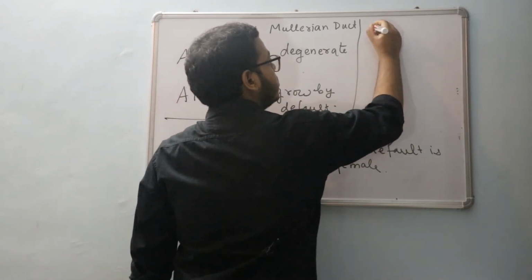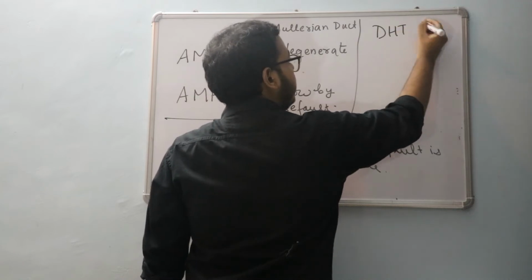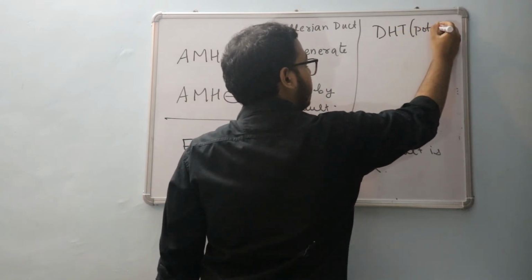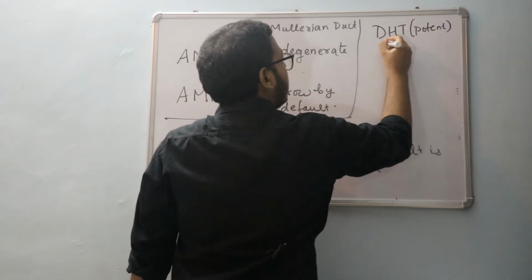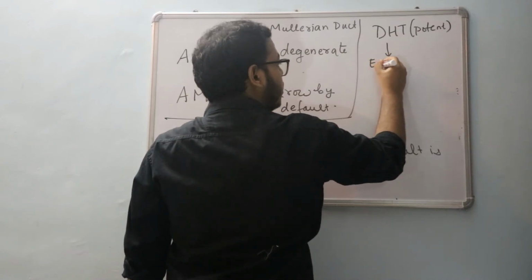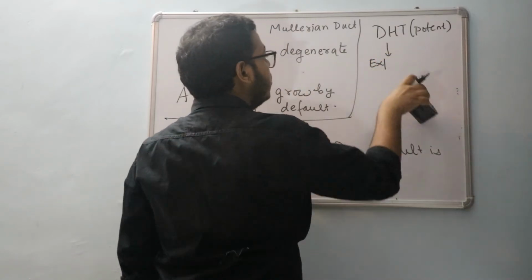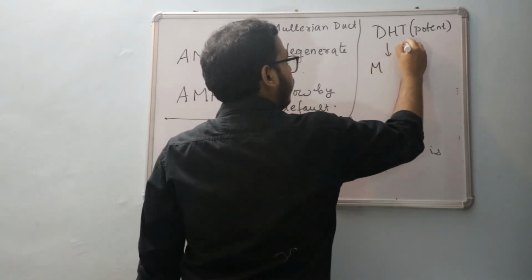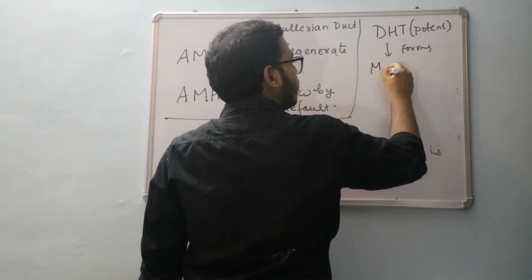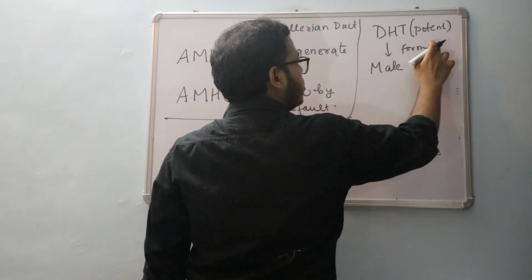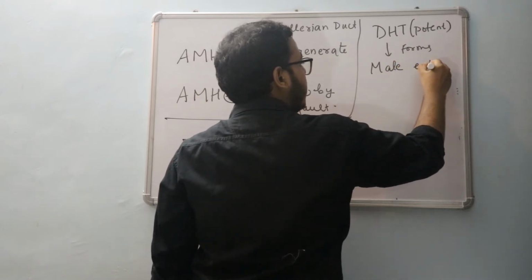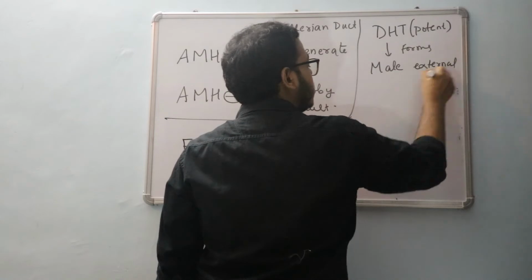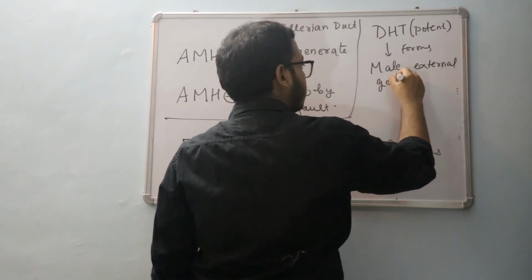So I'll write this down over here. DHT, which is quite potent, when it acts on the precursors for external genitalia, then it will form male external genitalia.